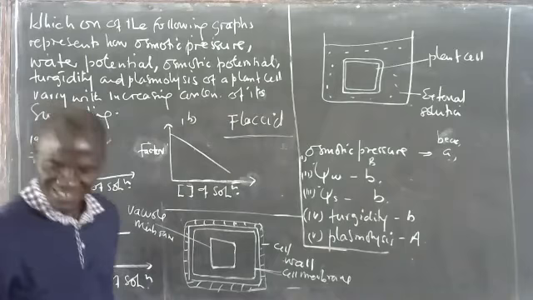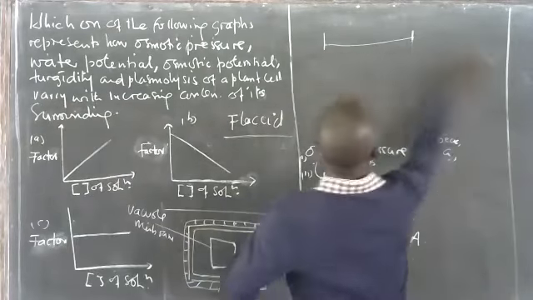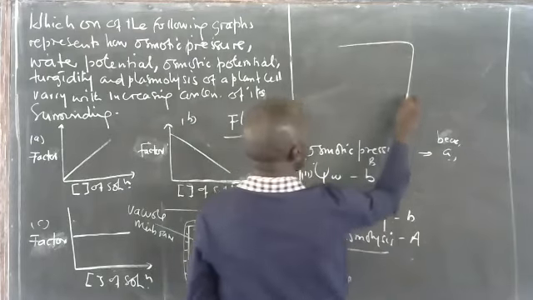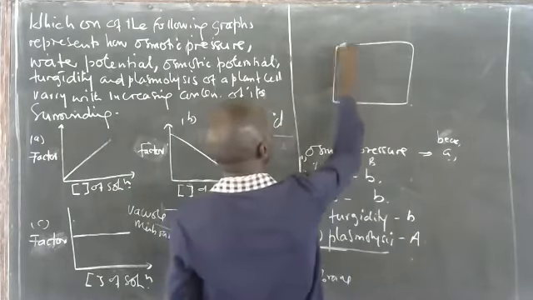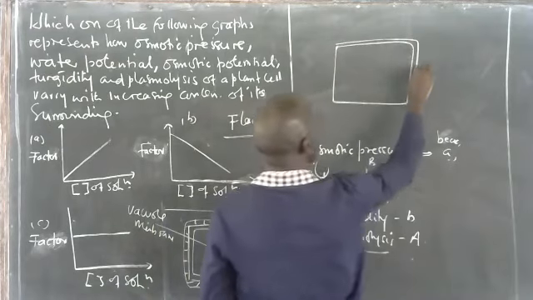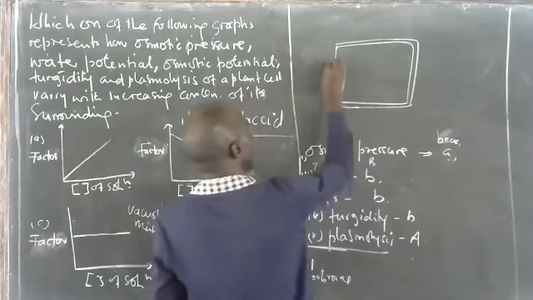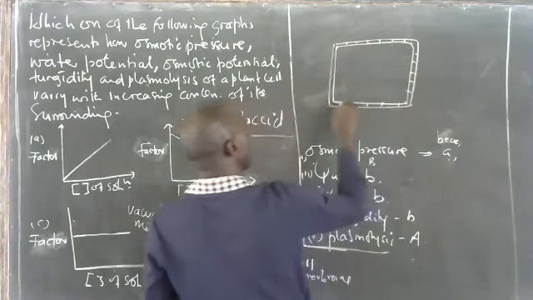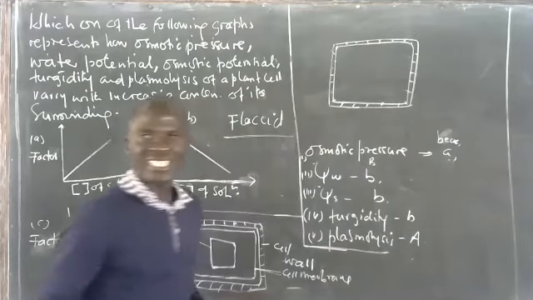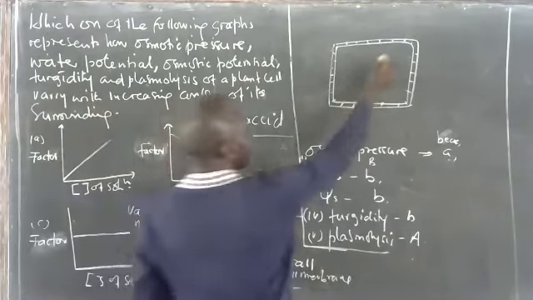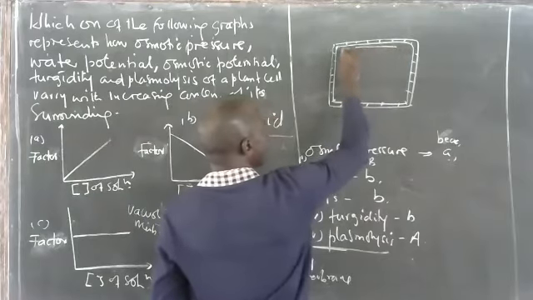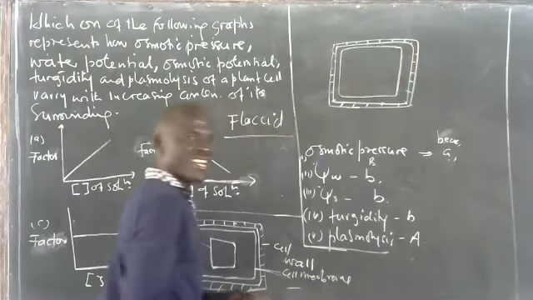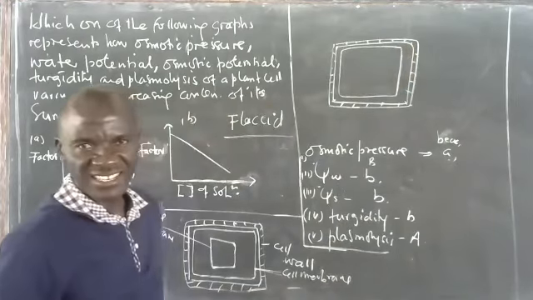So if I make it clear here, if this is the cell wall, since it is thick, the outermost, that's the cell wall. Then next is the cell membrane. I'm using one line because it is already thin.